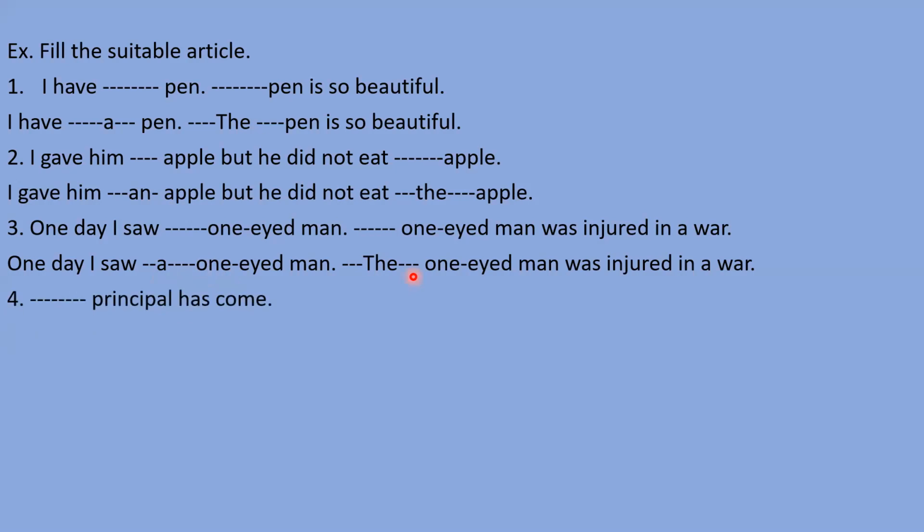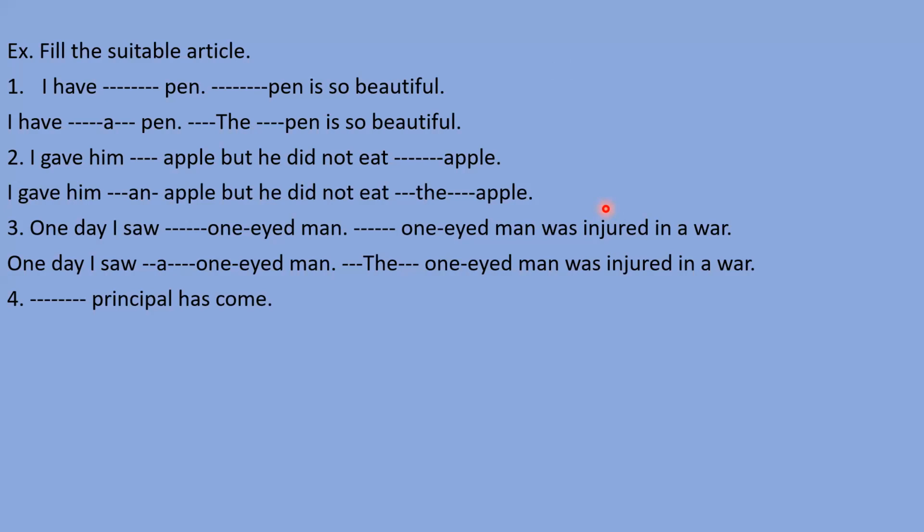Principal has come. Who can tell me the answer of this? A principal, the principal, or an principal, which will come? Let me see who is there. Shivani, please tell me.